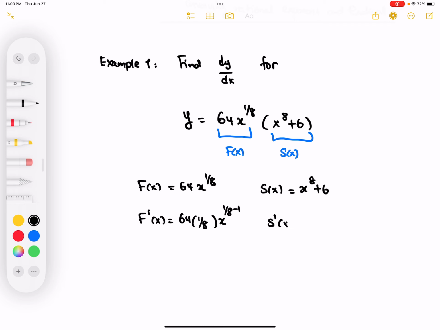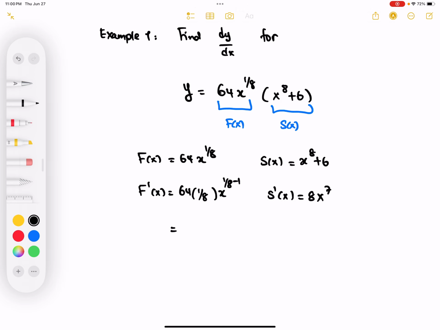The derivative of the second one is 8x^7. All right, let's simplify this one. It is 8x^(1/8 minus 1), which is minus 7/8.